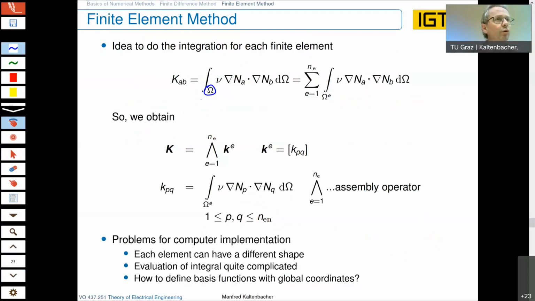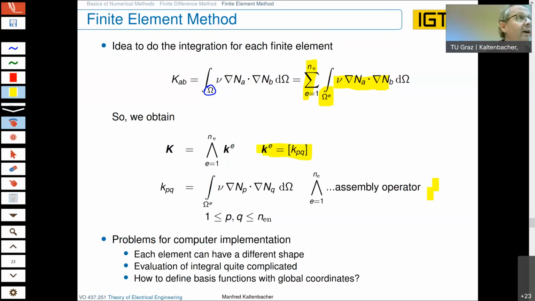You use the subdivision of your computational domain by the finite elements, and therefore you have here now the sum over all finite elements, and you just integrate over the element domain. Each of the triangles or quadrilaterals you have, and you have to evaluate clearly the same term within the integral.